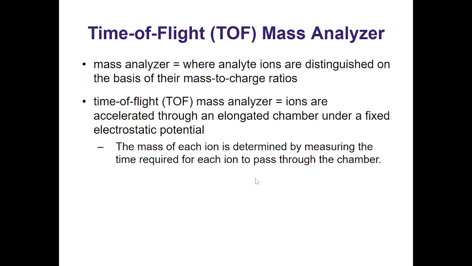And so the mass of each ion is going to be determined in a time of flight (TOF) mass analyzer by measuring the time required for each ion to pass through the chamber. The reason you would do these different methods is the mass analyzer actually takes a lot of sample, okay? And so you actually have to break apart and use a lot of sample for this. And you need a pretty decent concentration, right? So for traditional chemistry, that works really well because we can just make more, right?